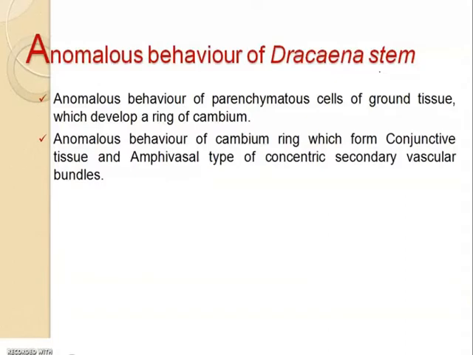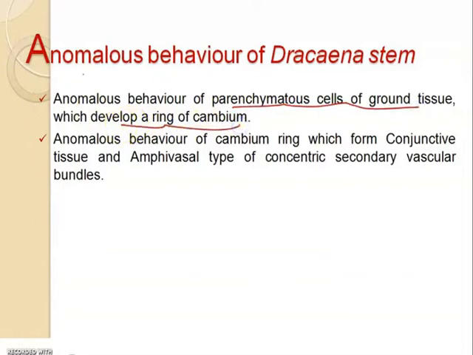Now we should know what the anomalous behavior of Dracaena stem is. In this case, the anomalous behavior is that the parenchymal cells of the ground tissue develop a ring of cambium.